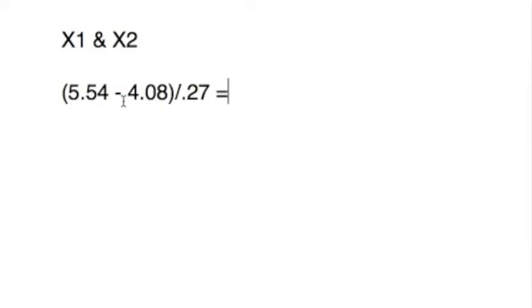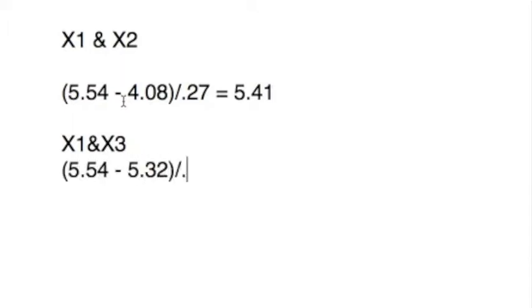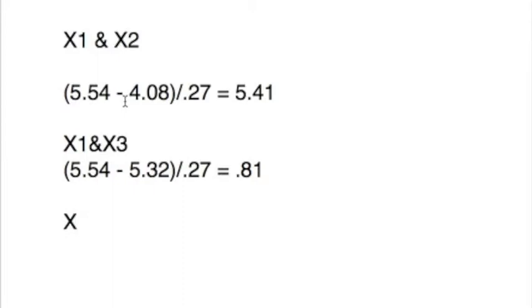So coming over here, let's just start by comparing x1 and x2. Alright, so I'm going to do 5.54 minus 4.08 over 0.27, and that gives me 5.41. And then for x1 and x3, 5.54 minus 5.32 over 0.27 equals 0.81.